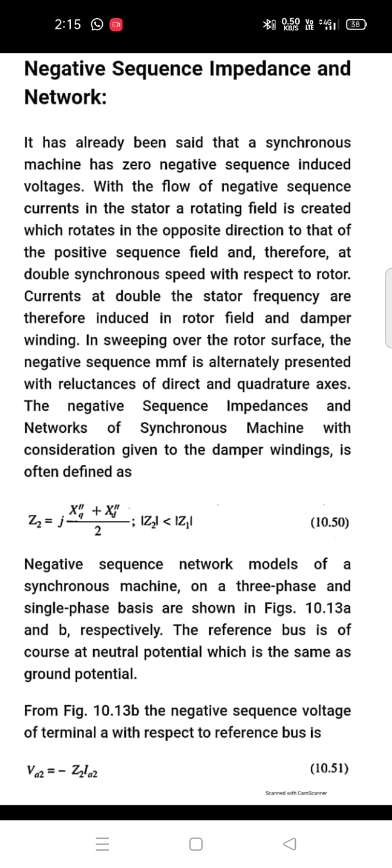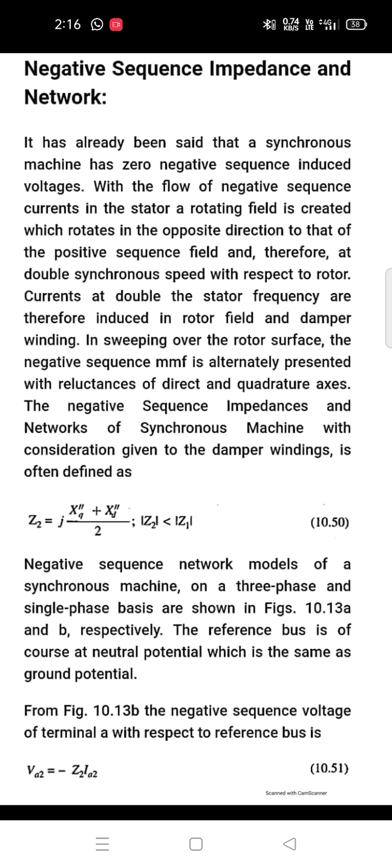Currents at double the stator frequency are therefore induced in the rotor field and damper winding.